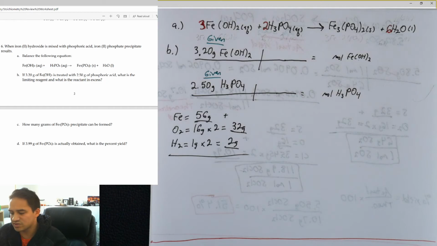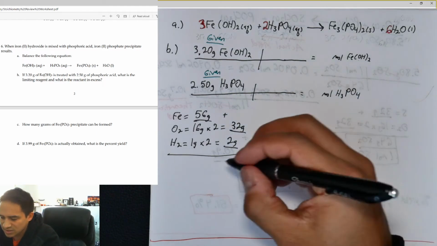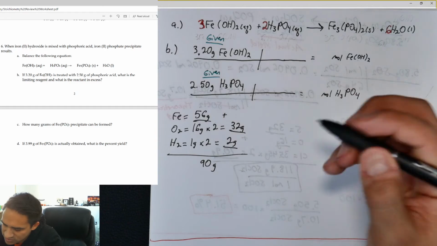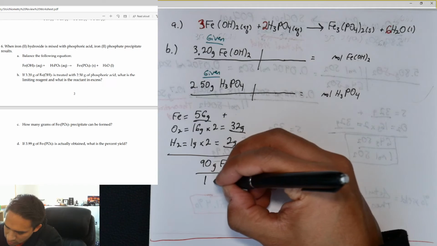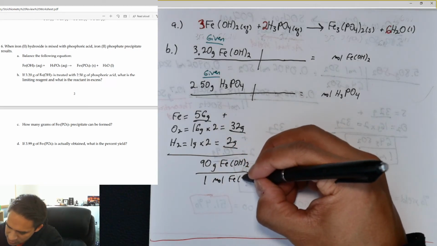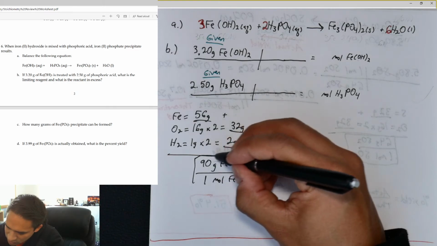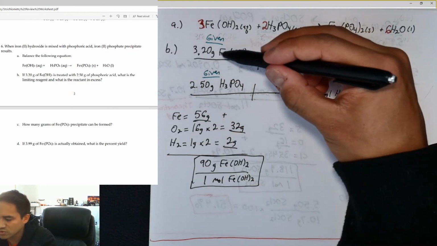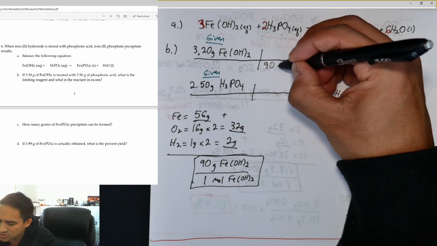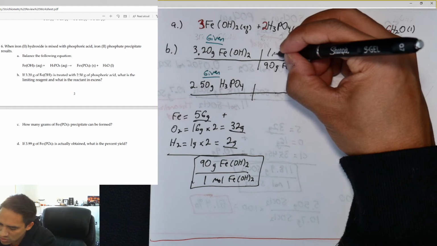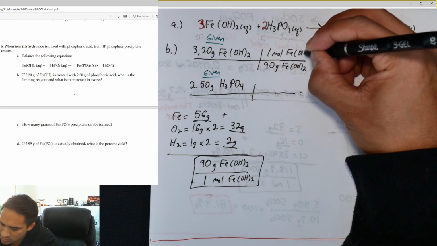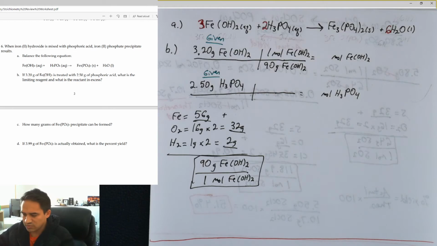So 56 plus 32 plus 2, and we get 90 grams for the FeOH2 per 1 mole of FeOH2. Okay, so there's our molar mass. Since we're starting in grams here, the 90 grams is going to go on the bottom. The 1 mole will go on the top. Okay, like so. That way grams cancel.